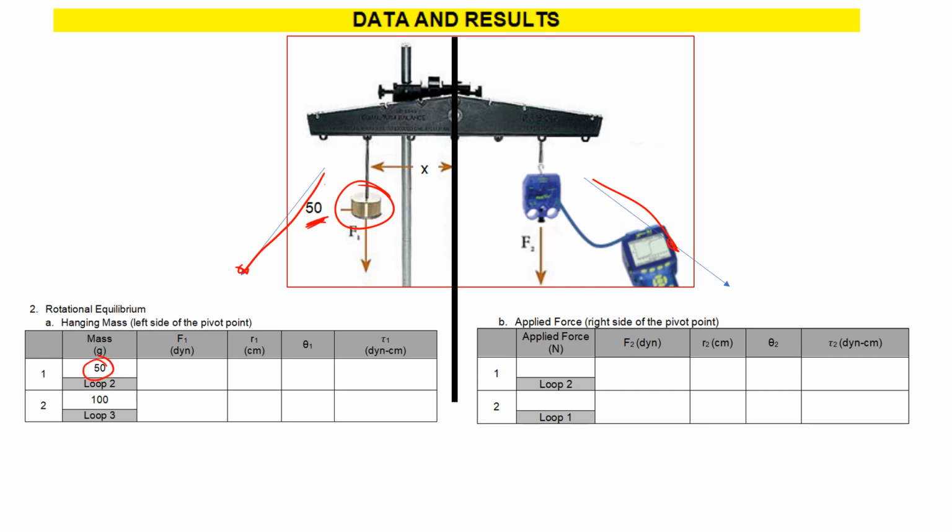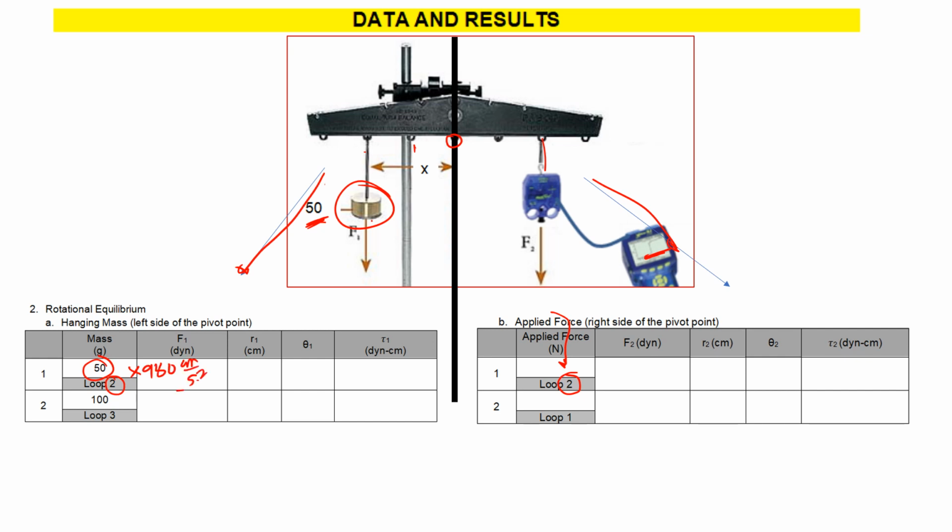As we can see, this is 0, loop number 1, loop number 2, so the hanging mass is placed at loop number 2. And for the right side, the force sensor is placed at loop number 2, so that's why this is loop number 2. Whatever the reading here, we just have to place that here for the value of the applied force. Again, for the value of F1, we just have to multiply 50 by 980 centimeters per second squared.